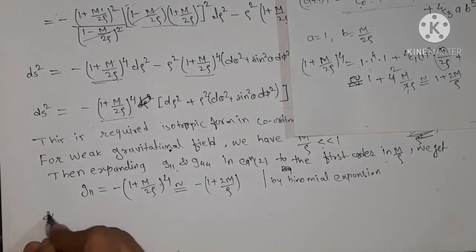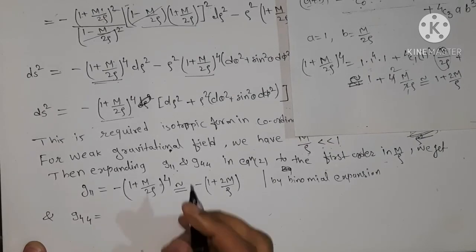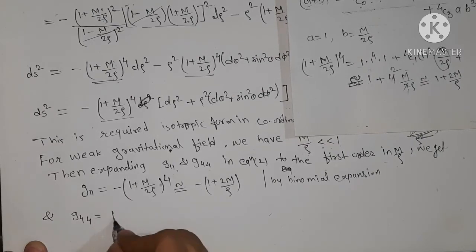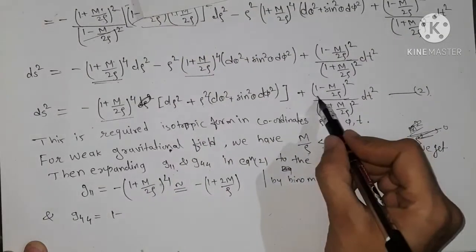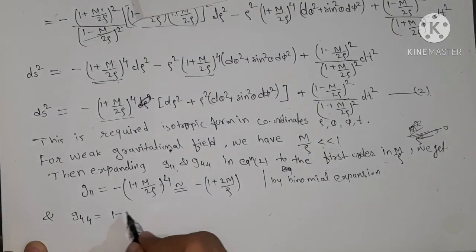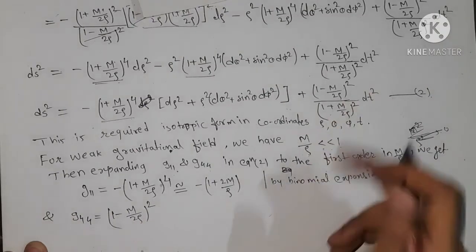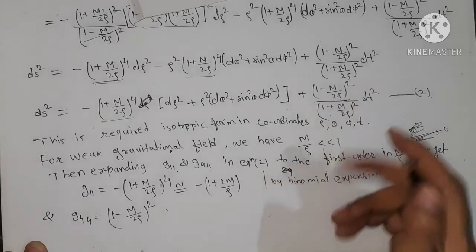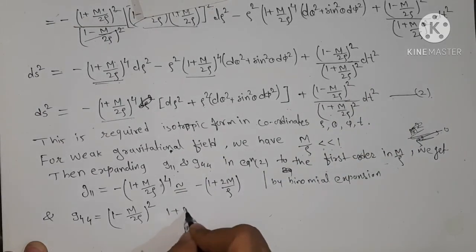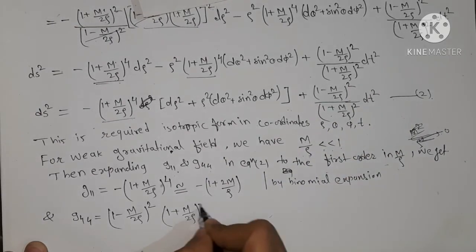Similarly G44, which equals 1 minus, what is G44? Here G44 equals 1 minus m upon twice rho whole bracket square, and this is in the denominator. Taking it to the numerator, we have 1 plus m upon twice rho to the power minus 2.